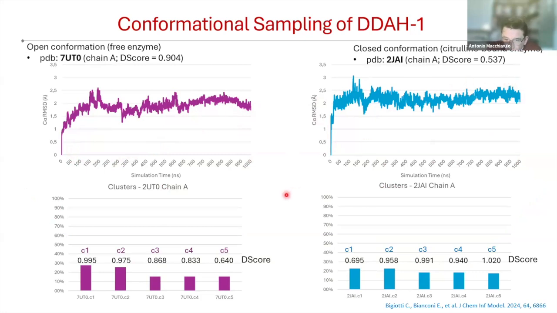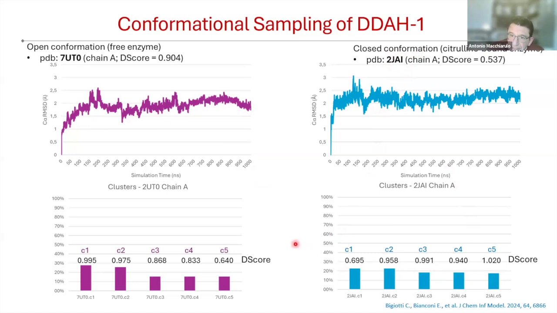In the bottom part of the slide, we can see how the frames collected in these trajectories were clustered into 5 groups, and the values of the drug score calculated on the catalytic site in each of the 5 conformations generated from the open conformation of the enzyme, or the 5 conformations generated starting from the closed conformation of DDAH1.